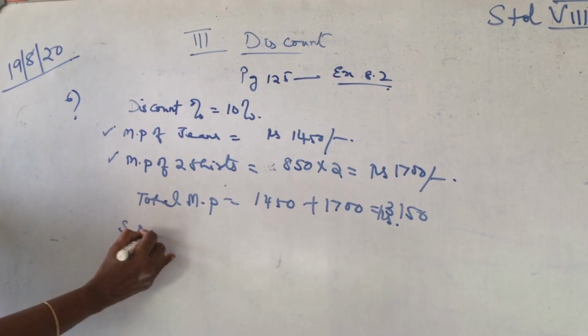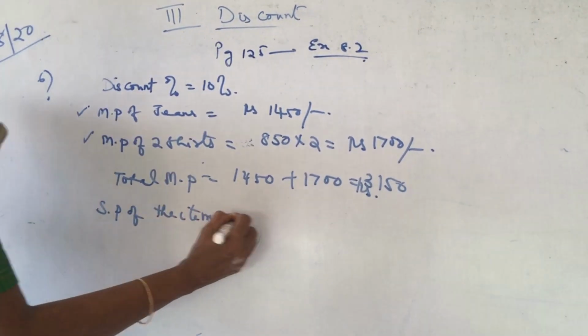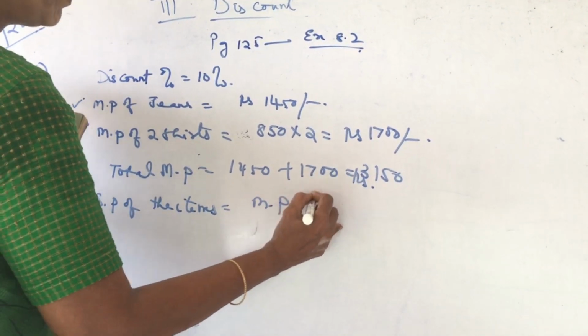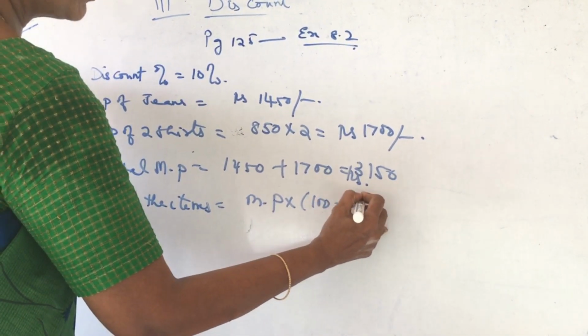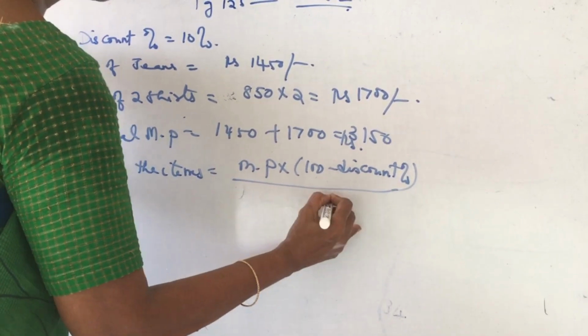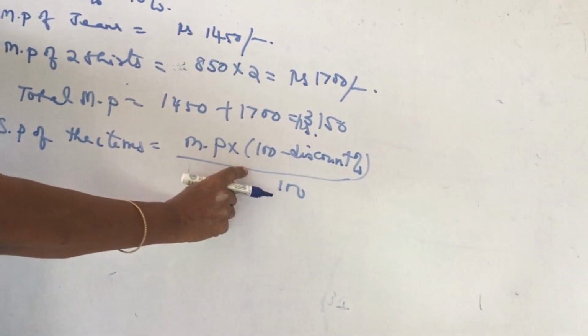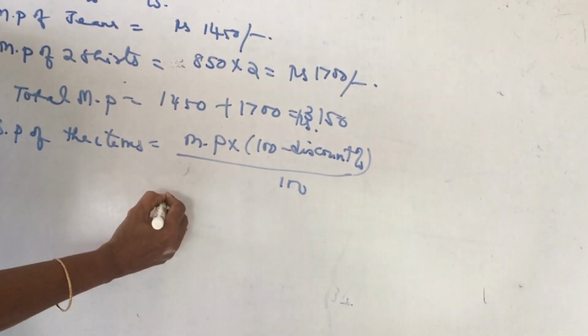So, the selling price of the items. Do you remember the formula for SP, children? MP into 100 minus discount percent by 100. SP is equal to MP into 100 minus discount percent by 100.